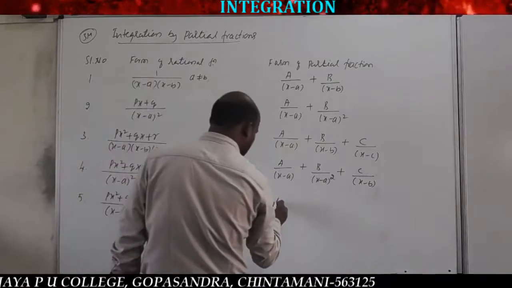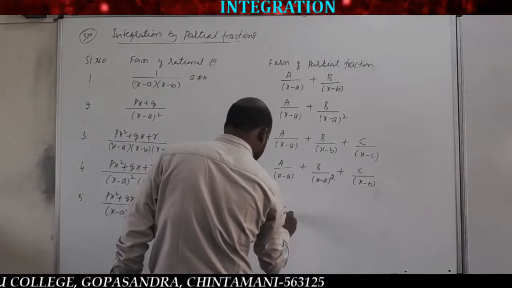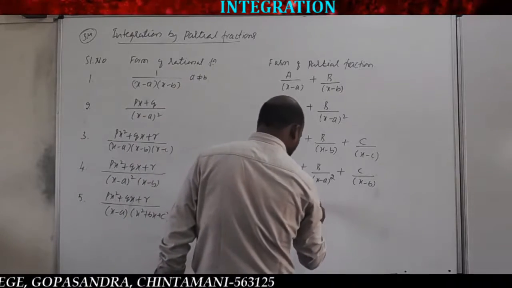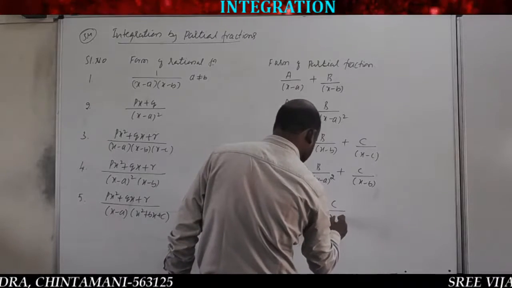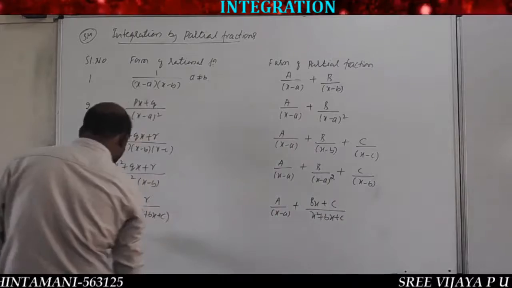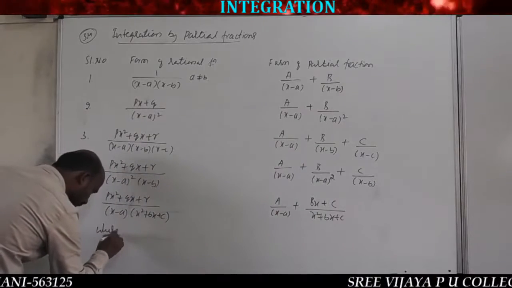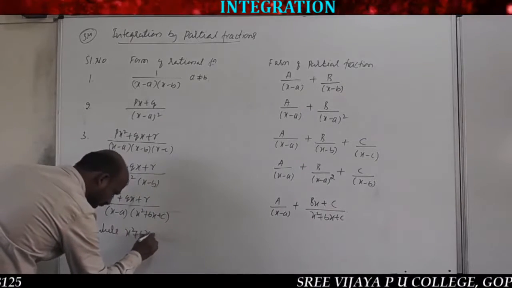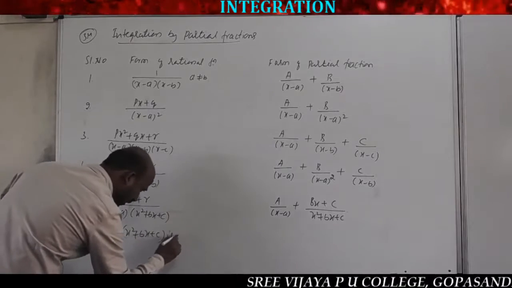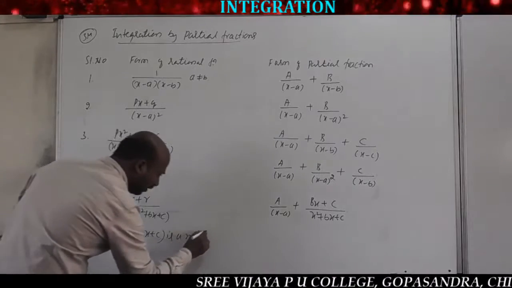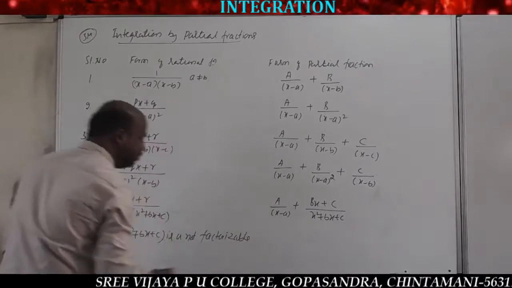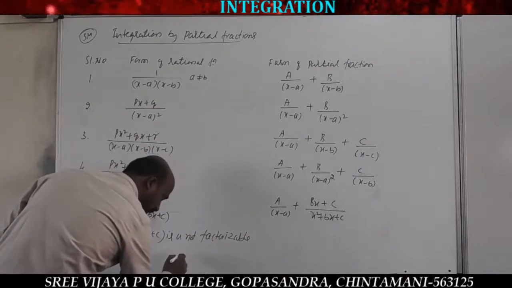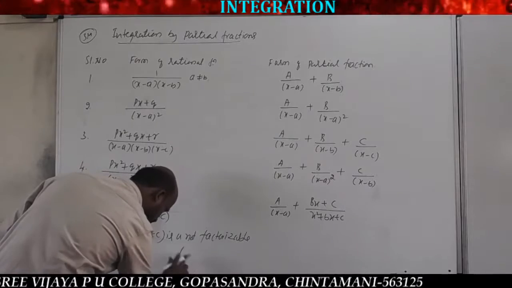So again this can be taken as A divided by x minus a plus bx plus c divided by x square plus bx plus c, where x square plus bx plus c is a non-factorizable quadratic factor.